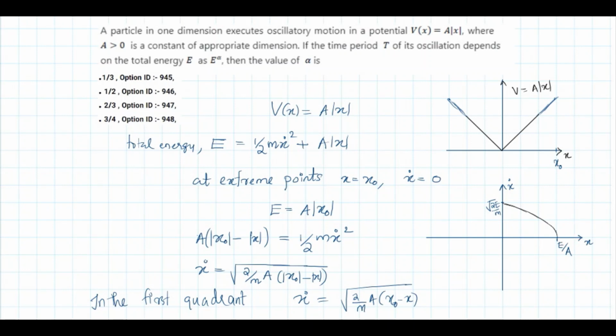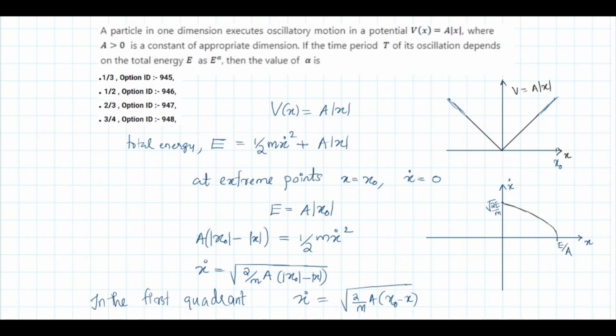We can see that when x equal to 0, in this expression, x dot is root 2E by m. When x equal to E by A, then x dot is equal to 0. So this is the behavior.